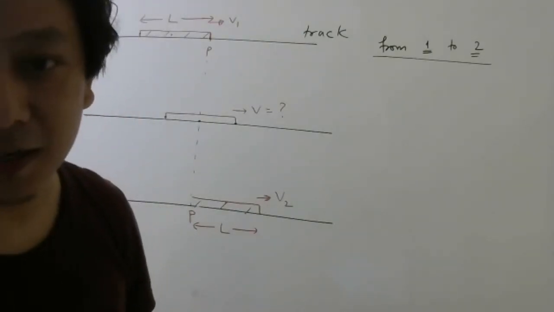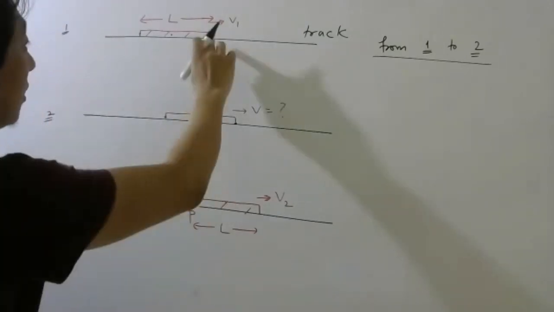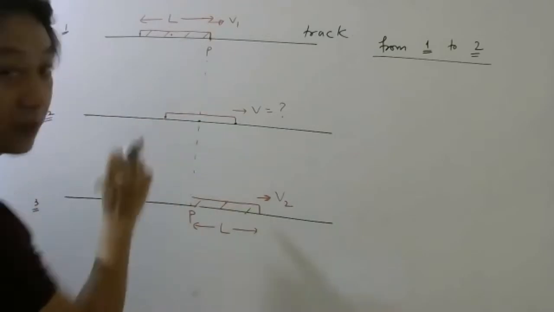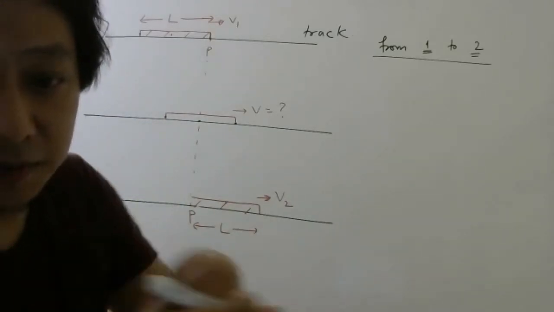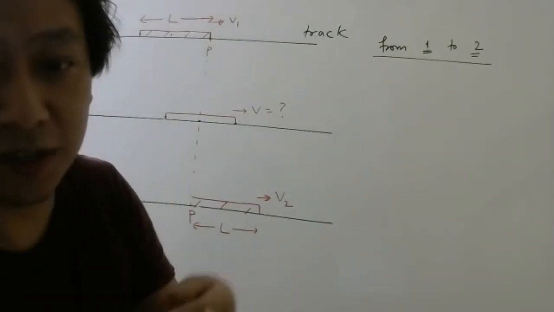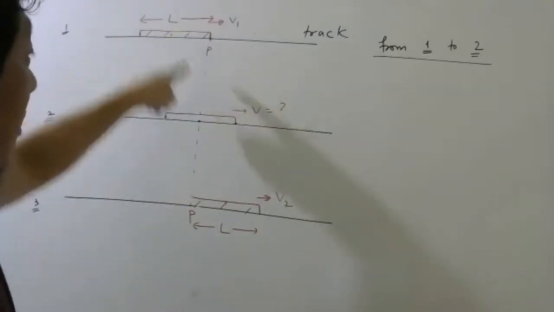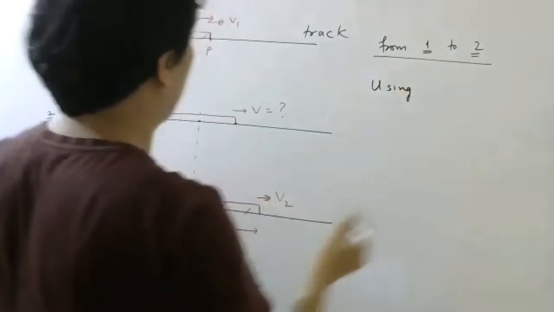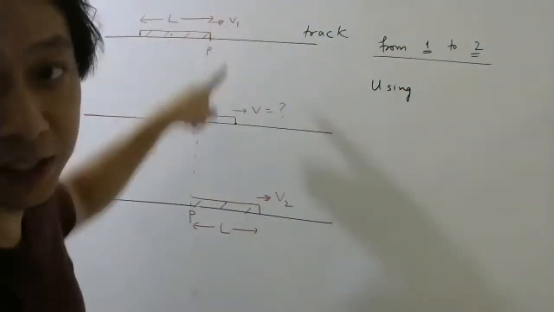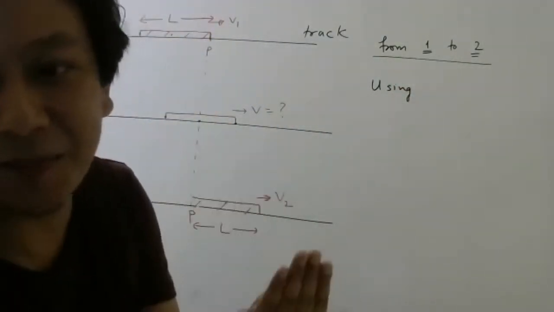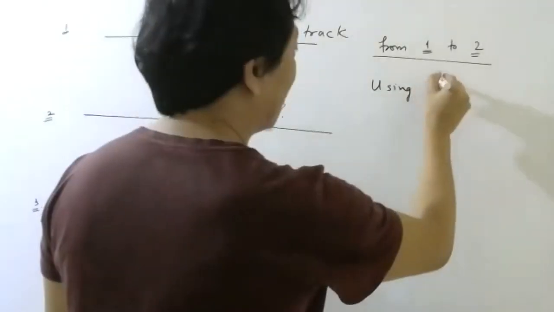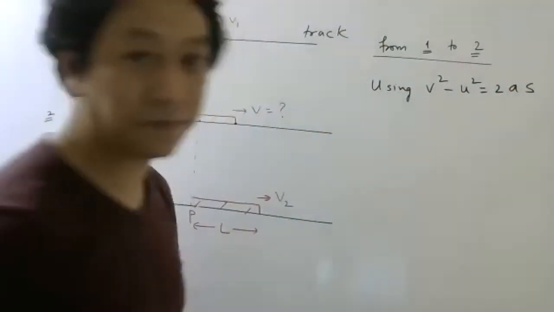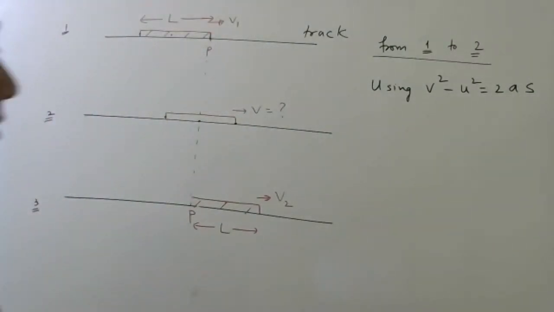Everybody accept it? This point is now here, you see. Middle point is here. Last end is here. So every point has traveled. All the parts of the train have traveled a displacement of L by 2. So using which formula? I know initial velocity, I want final velocity, and I know displacement. So I will use v square minus u square equals 2as.